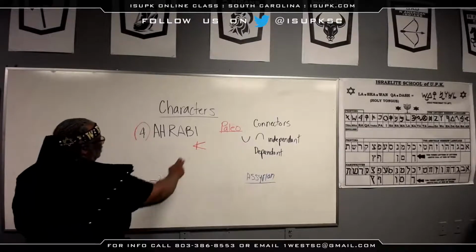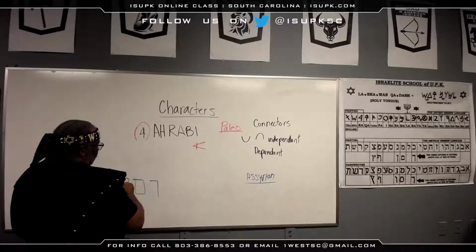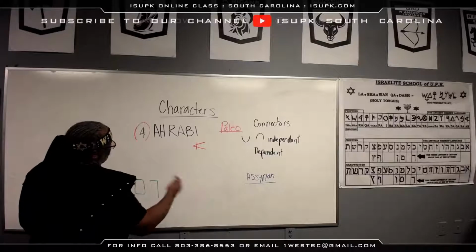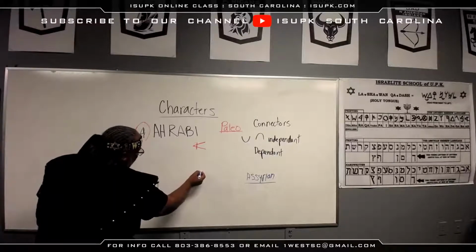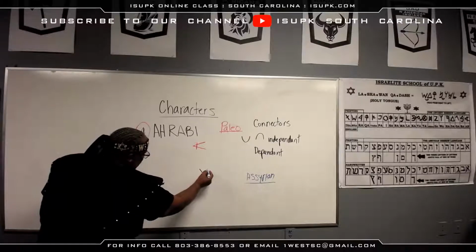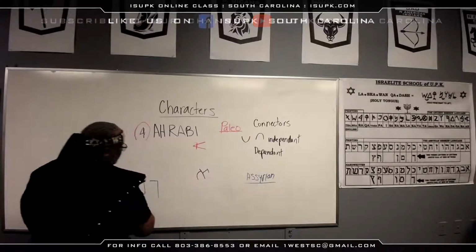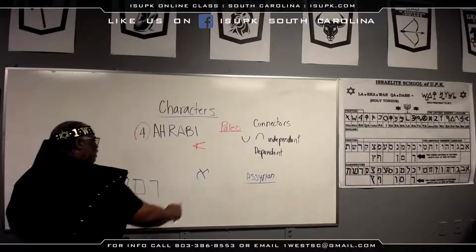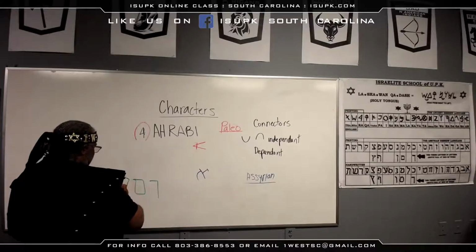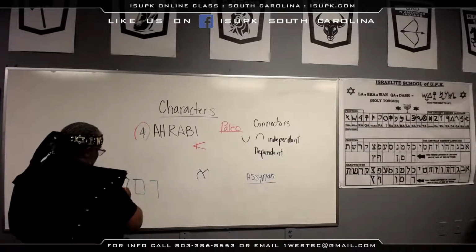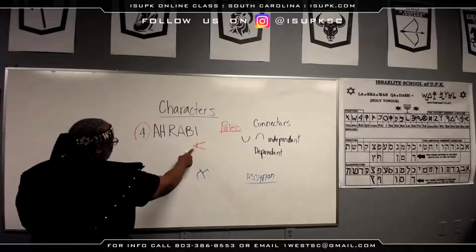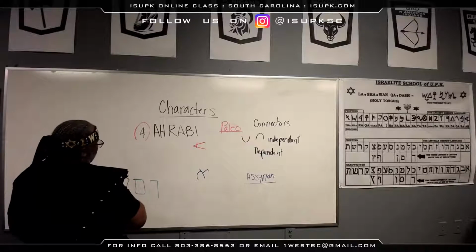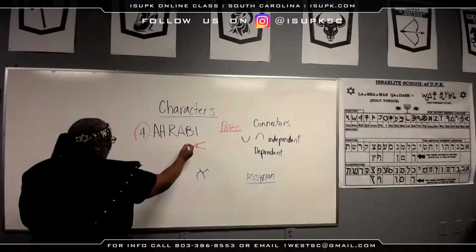It looks like that. And of course, in the Assyrian, it looks like this. Like that. Okay? And then we have Ra.